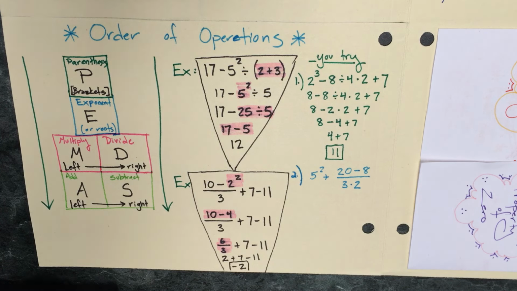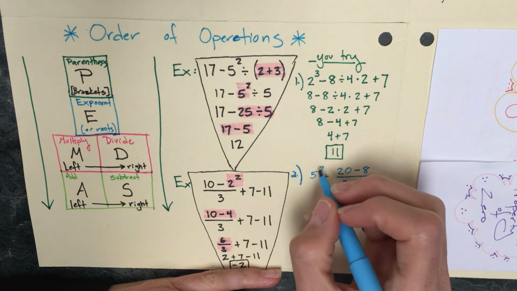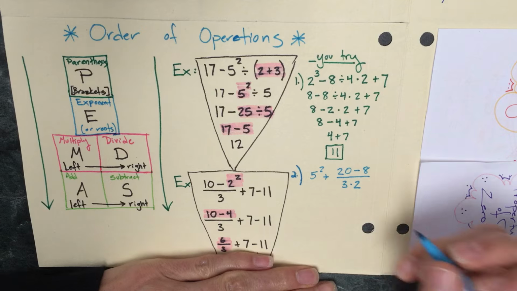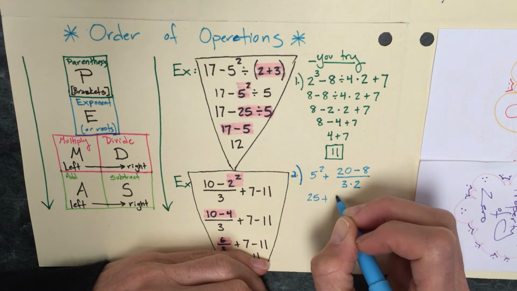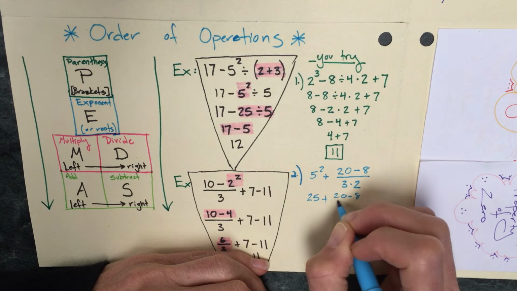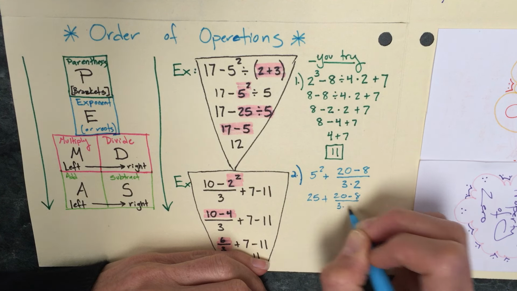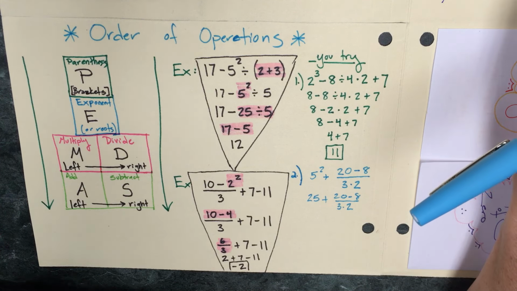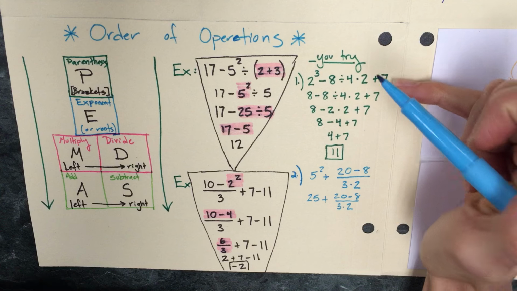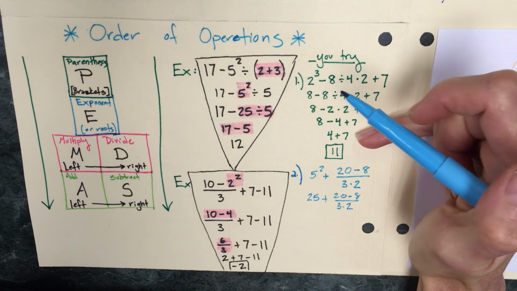All right. I see an exponent, so I'm gonna start by simplifying the 5 squared, which is 25. Write the rest of the problem. And by the way, when you are completing these in class or in a homework assignment, you need to show me every step.